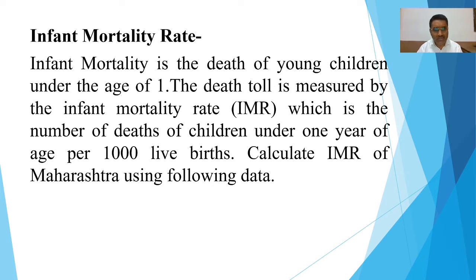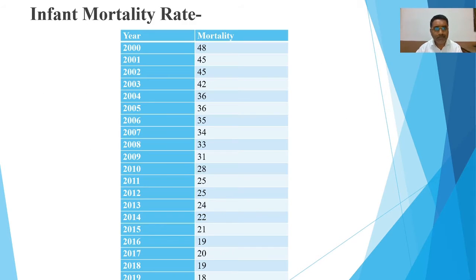So let us see how to calculate the IMR of Maharashtra using the data. This is the data of Maharashtra, year wise, from 2000 to 2019, and this is the mortality: 48, 45, 45, 42. What does it indicate?